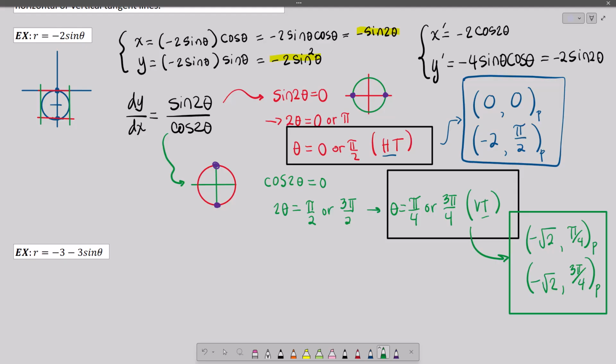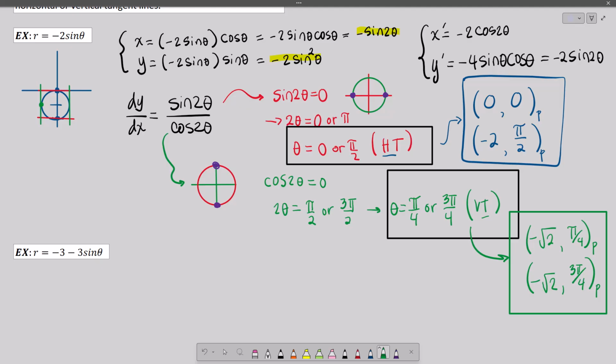Let's check. So the top one, pi over 4 is in quadrant 1. And we're supposed to go negative root 2 in the radial direction. So because it's negative, we're going to come down, and this point where it's going to hit right there is that top one. So pi over 4, negative root 2.